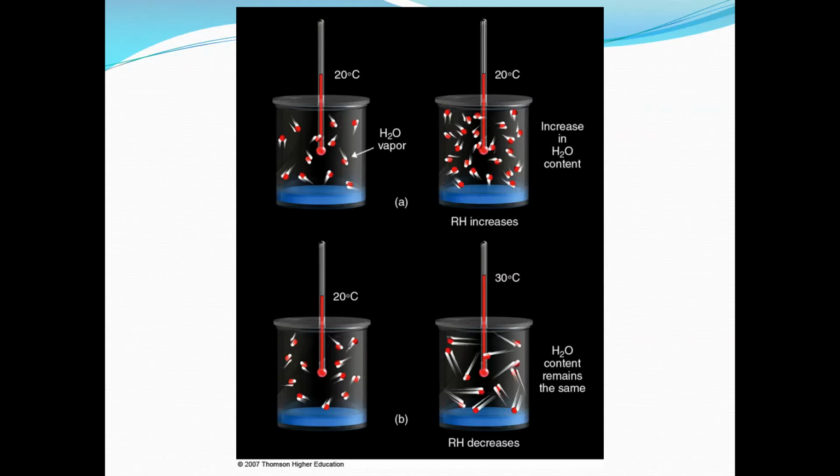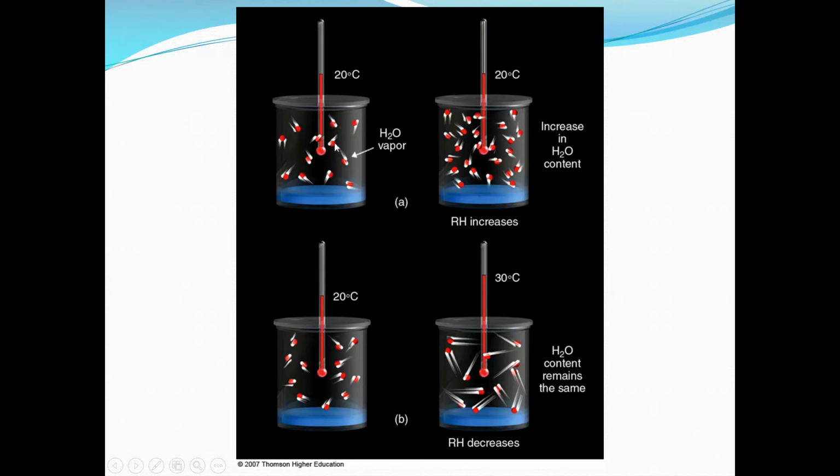Well, if you increase the amount of water vapor in the air, that has a direct relationship to humidity. By increasing the amount of water vapor in the air, you've immediately increased the relative humidity.